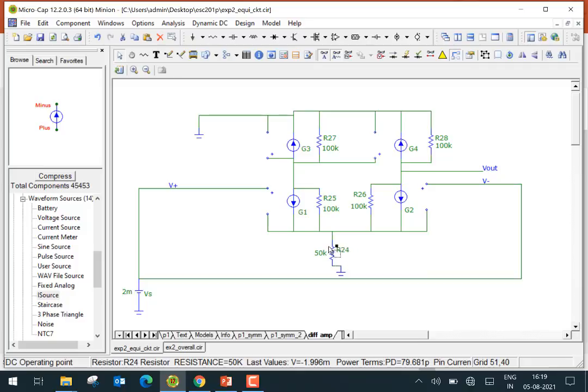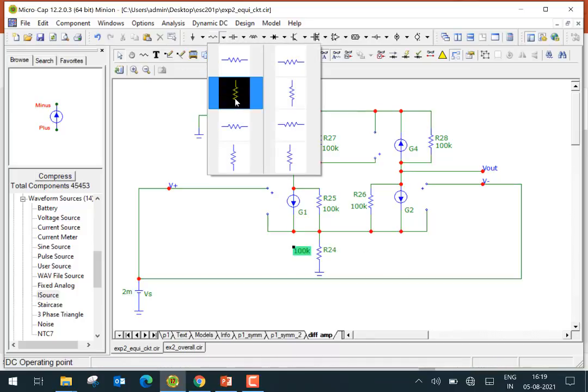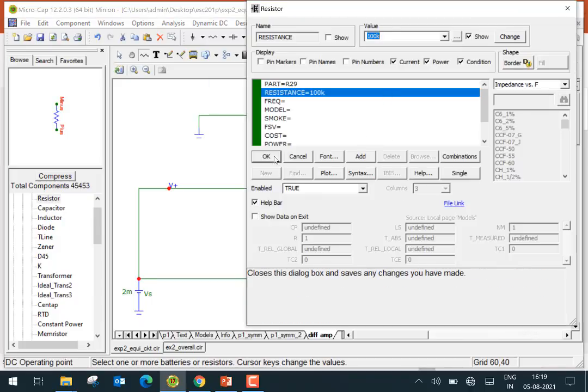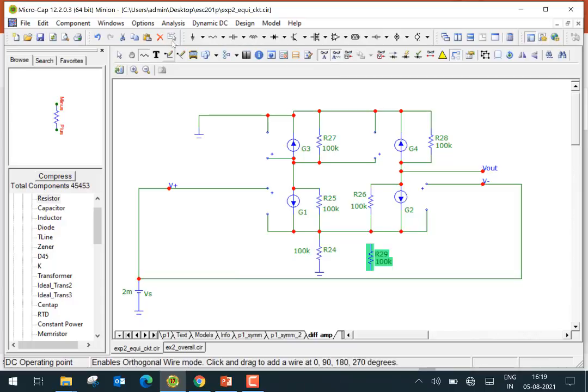So let's do that. What we do is we make it 100 k, and we'll add another resistor here, 100K, right, 100K here. Let's put a ground.